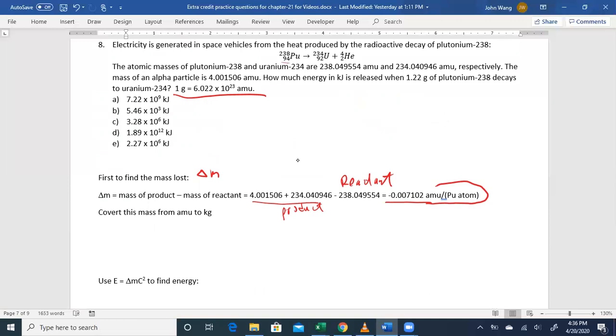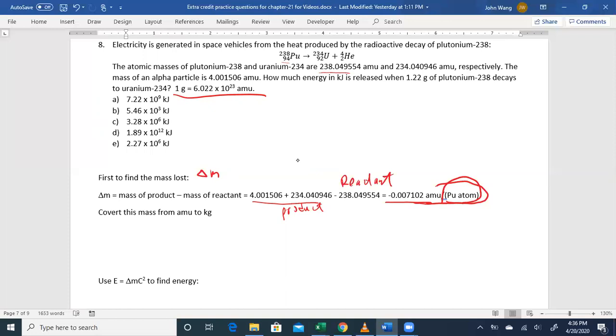From this equation, if those numbers are given as AMU, then you know it's for those atoms. You can see there's one atom of plutonium, then one atom of uranium, then one atom of helium nucleus. Therefore, this much mass loss is per plutonium atom.